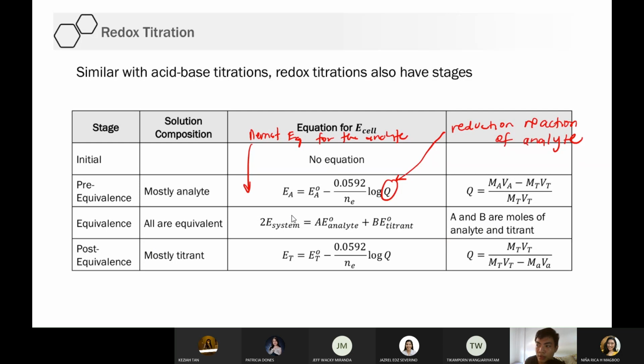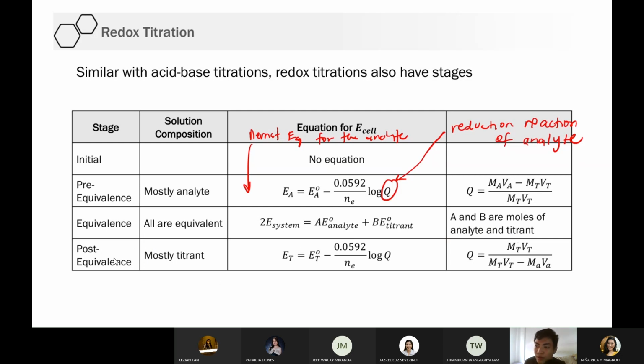What is this? 2E system is just the added potentials of the analyte and the titrant. The equation is 2E system equals A times E analyte plus B times E titrant, where A and B are the moles of the analyte and the titrant. The moles are given in the balanced equation anyway.